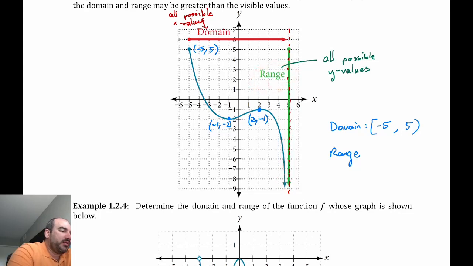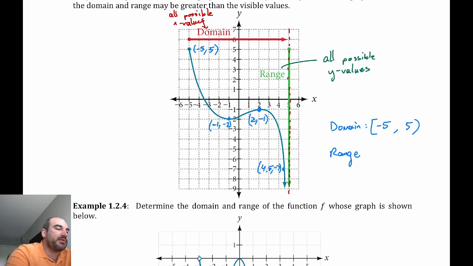So the range, if I wanted to write the range, what is the smallest y value that's on the blue curve? -1? No, there are points down here that are smaller than that. Like if I go down here, this is like (4.5, -7), for example, right?